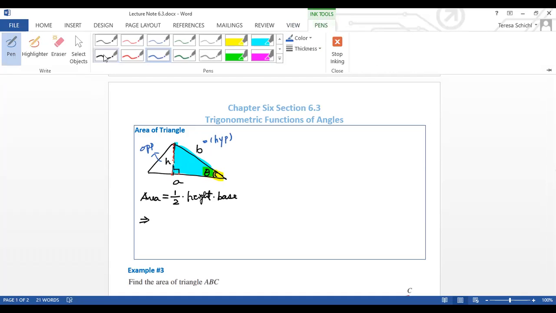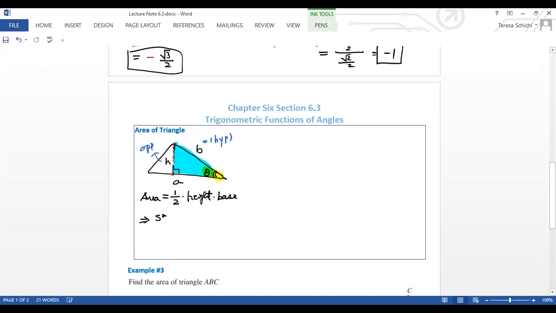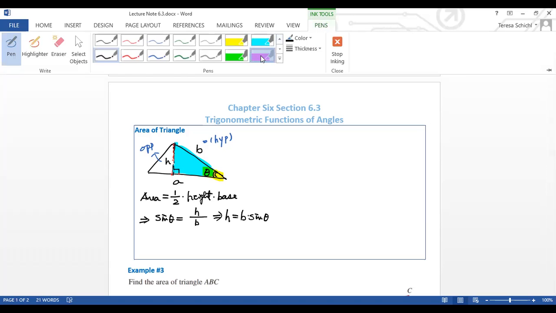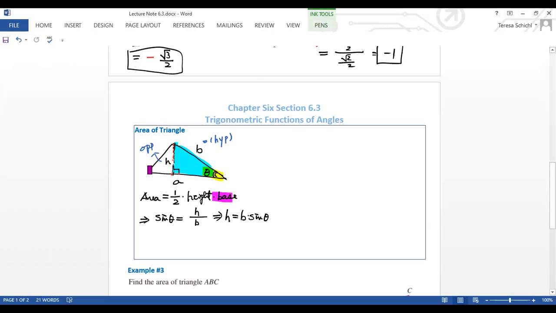Now I know the sine theta. What is the sine theta? It's opposite over hypotenuse, so it's the height over B. Cross multiply: the height is B times sine theta. Now, what is the base for this big triangle?